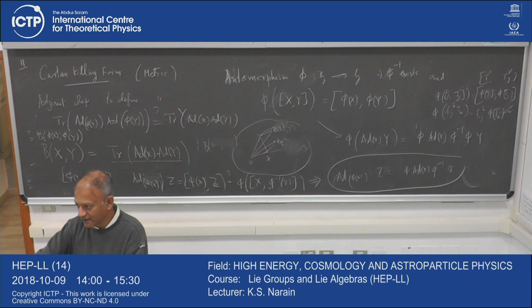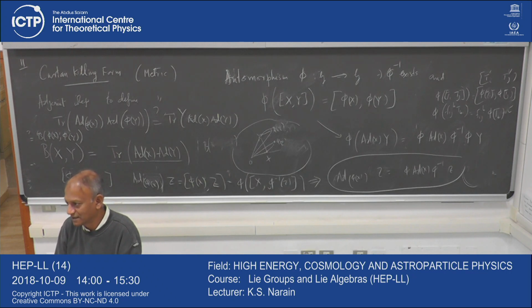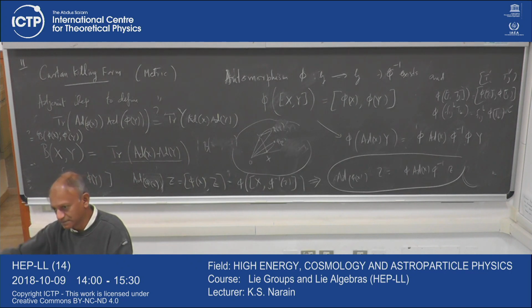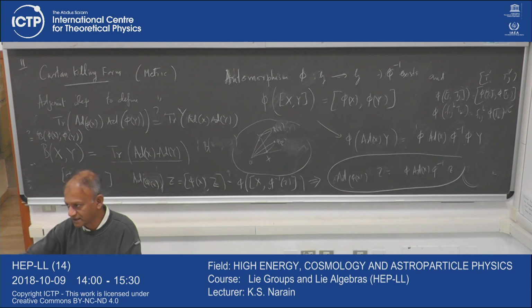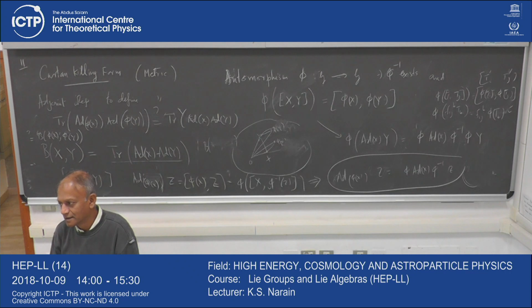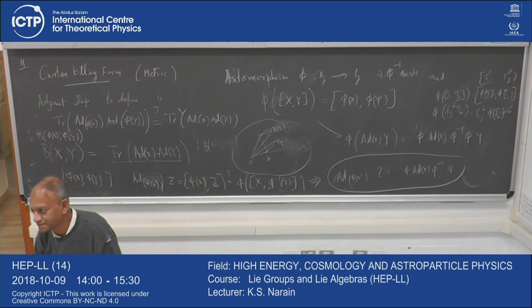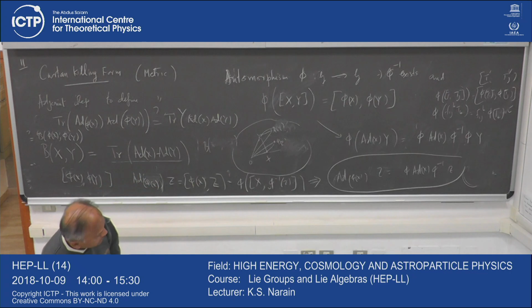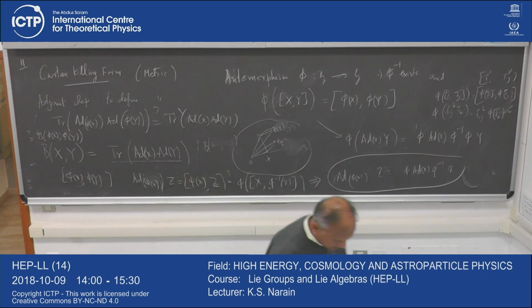If you know for some reason that the system must have rotational symmetry, then you should choose a metric which has rotational symmetry. Or translational symmetry: in space-time, there is a translational symmetry, so again you want to choose a metric which is translation invariant. So it's just that. This is a very nice property.